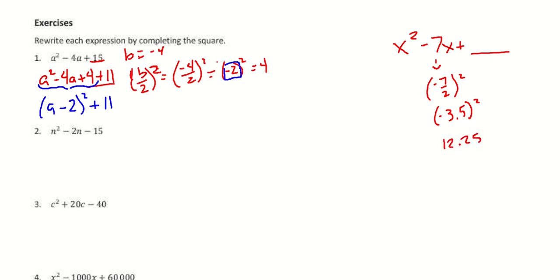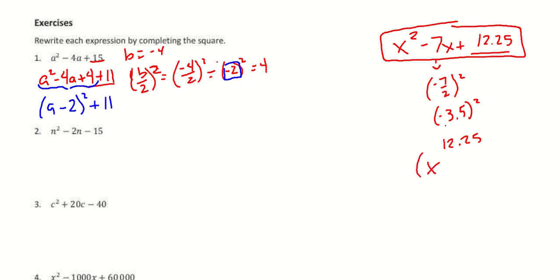So this is going to become x squared minus 7x plus 12.25, and this is now a perfect square, okay? And I can write it in factored form as x minus 3.5 squared. If you actually multiply it out, you'll get that, okay? That's how you get the factored form.